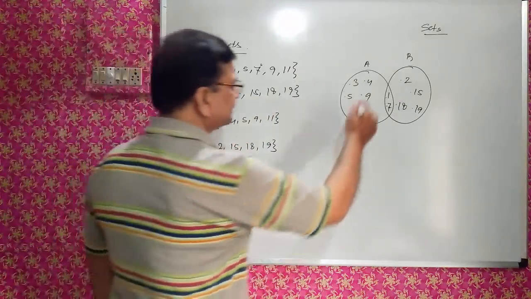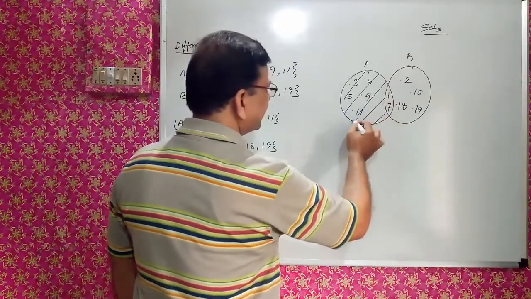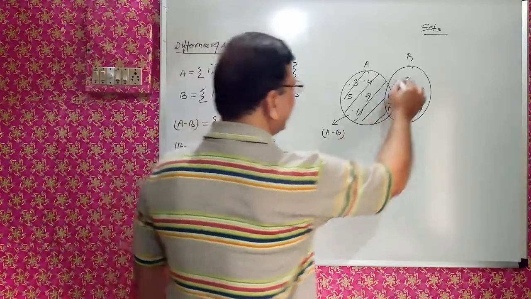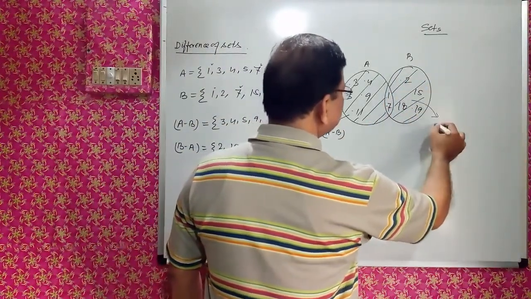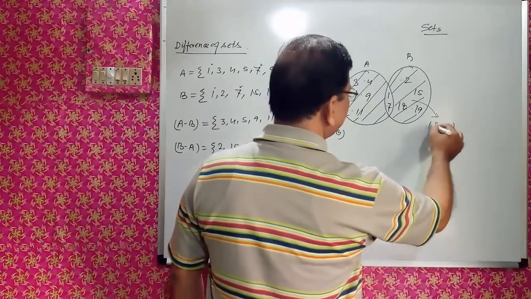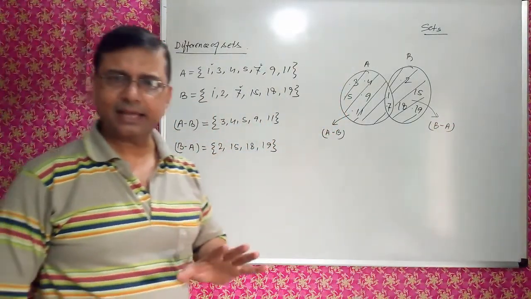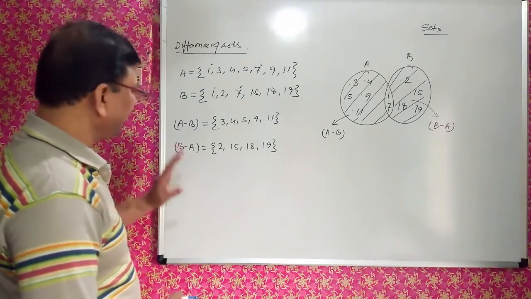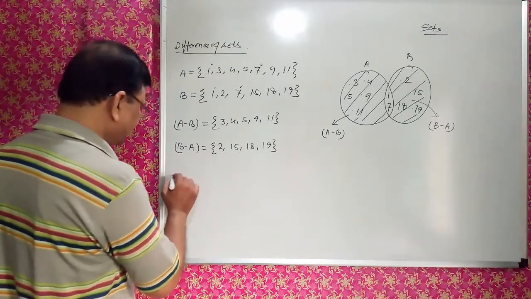So this part, right, this part is called A minus B, and this part is B minus A. So concept of A minus B and B minus A is clear. So we can write the definition of A minus B in set builder form.